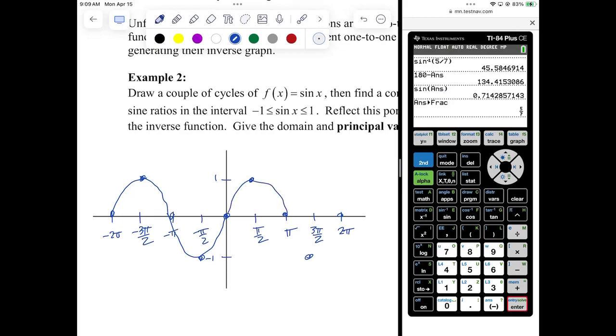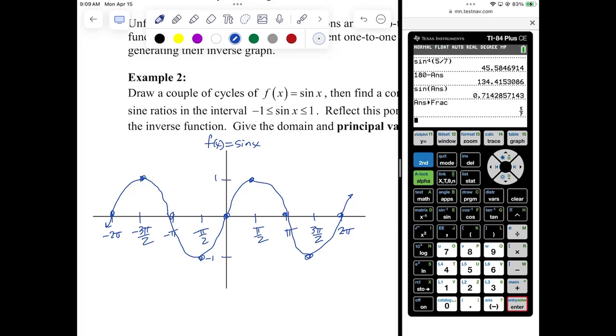This we've done literally a million times, right? Maybe not literally a million times, but it's our parent function. This is f of x equals sine of x. Does it pass the vertical line test? Yeah, it passes the vertical line test. So for any given angle, there's only how many sine values? One.